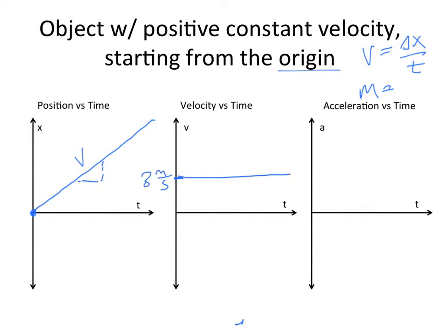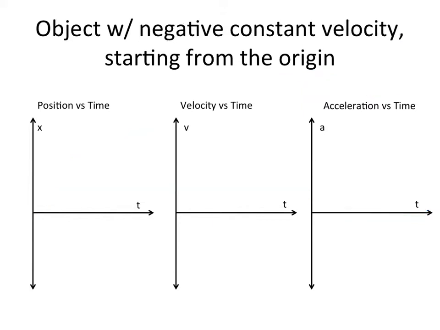Constant velocity, so there is no acceleration. Acceleration is going to be 0. If you recall, the y value for acceleration is based on the slope right here. Well, there is no slope, so that gives us a 0 y value for acceleration. So that's how these graphs would look: sloped, a positive constant y value, and then a 0 constant y value for acceleration.